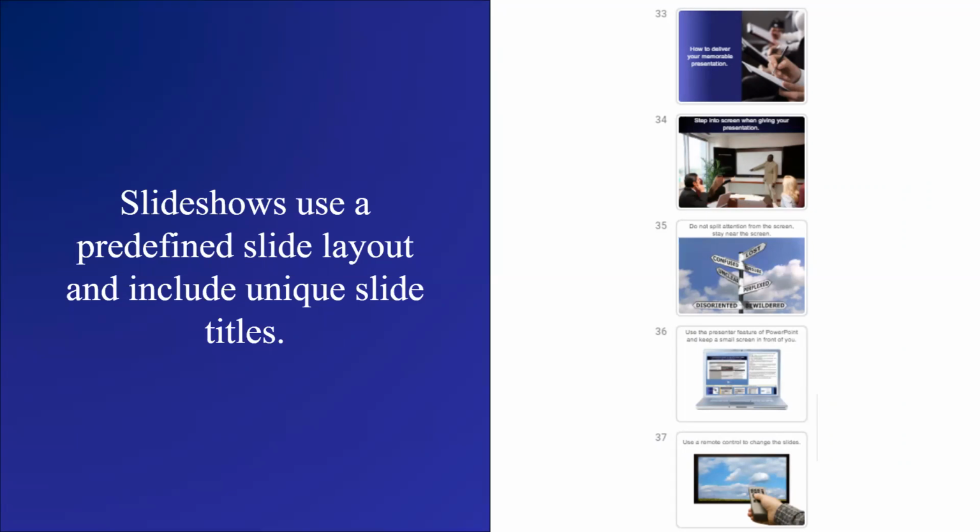I have a slide that looks like this, and then for more detailed content, I have a different looking slide. But they are consistent throughout my slide presentation. And each slide should have a title. Once again, this is for the visually impaired who have to use a screen reader. So that's why you would want to do that.